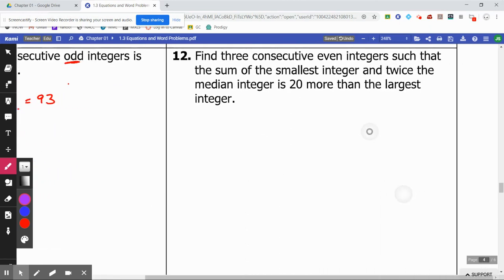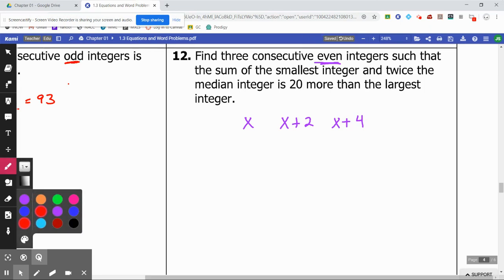And now we do have the sum of 3 consecutive evens. So we're going to do the same thing. First number is x, second number is x plus 2, the last number is going to be x plus 4. So there's your 3 consecutive even numbers. Let me clean that up. It says, find three consecutive even numbers such that the sum of the smallest and twice the median integer.